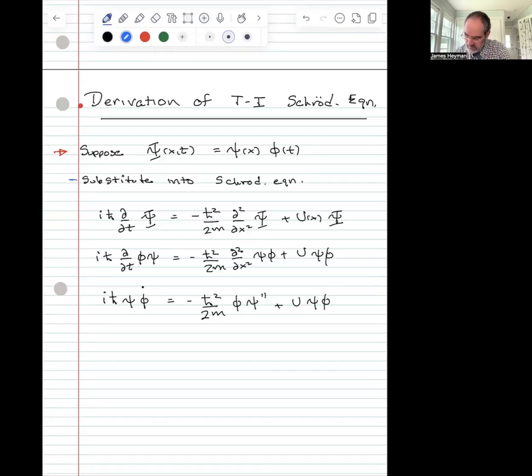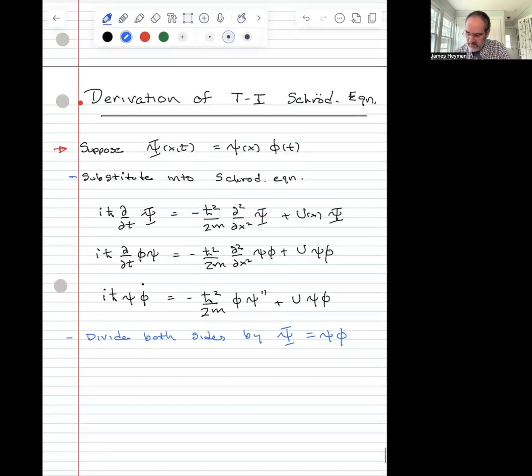So we substituted into Schrodinger's equation, and now we're going to divide both sides by the wave function.